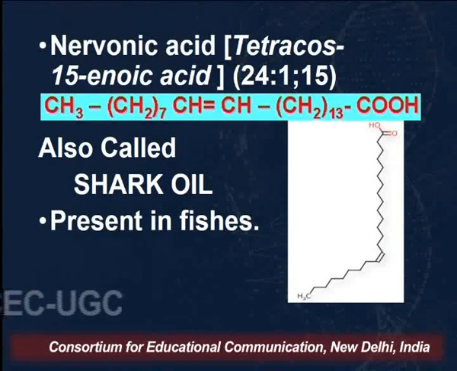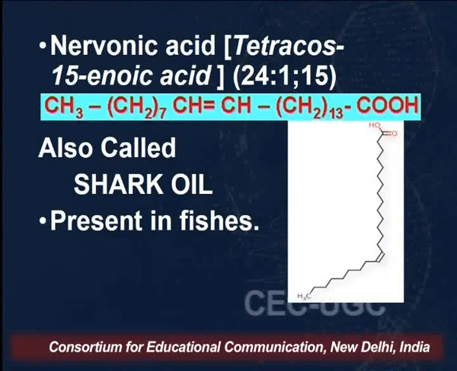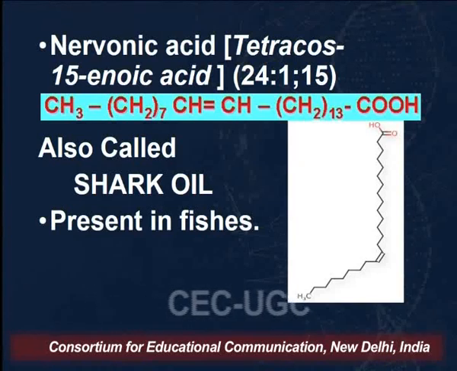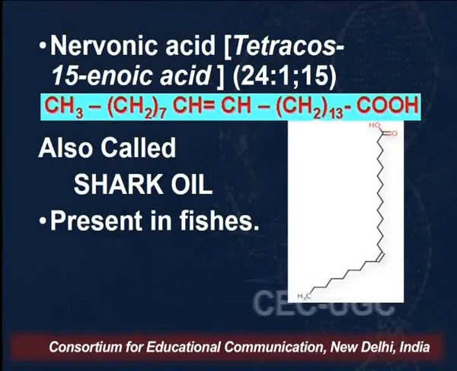Oleic acid is an omega-9 acid. It is an essential fatty acid. Whereas nervonic acid, please remember, is present in cerebrocytes. It is important from the biological point of view, and it is the acid which is present in cerebrocyte neurons.